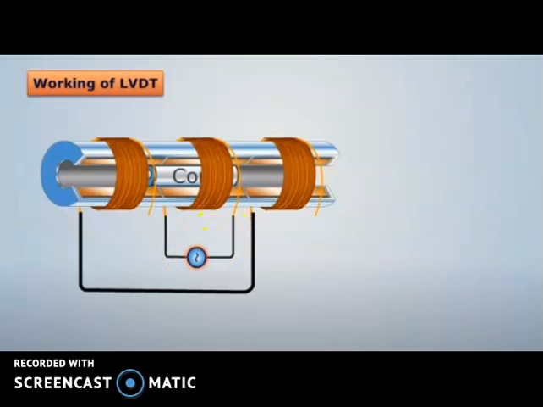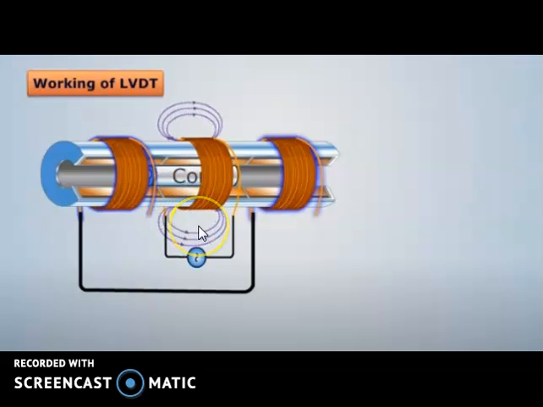When the primary circuit is excited by AC current, the AC current starts flowing through the circuit, and a magnetic field is created in the primary circuit.